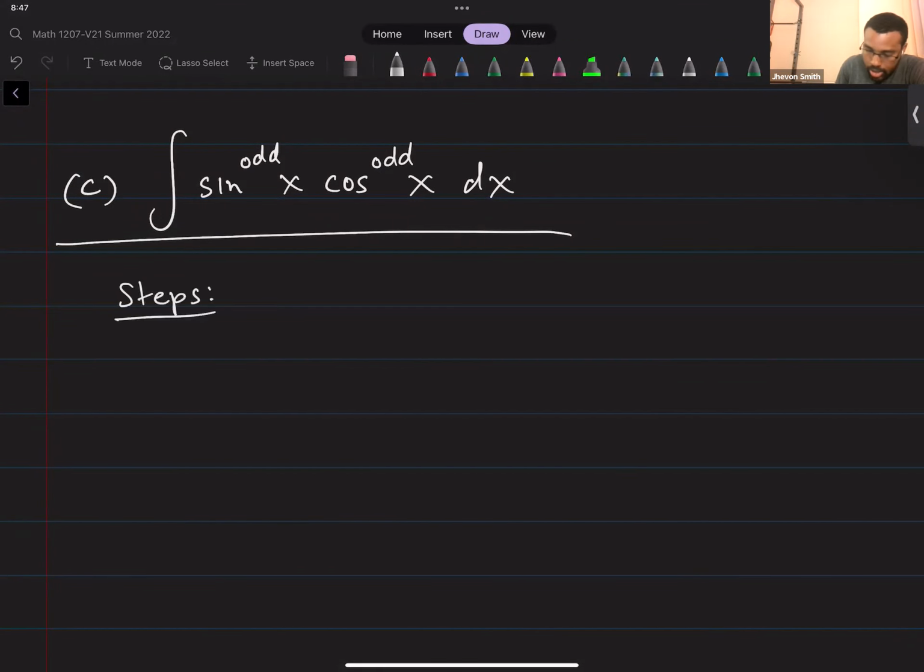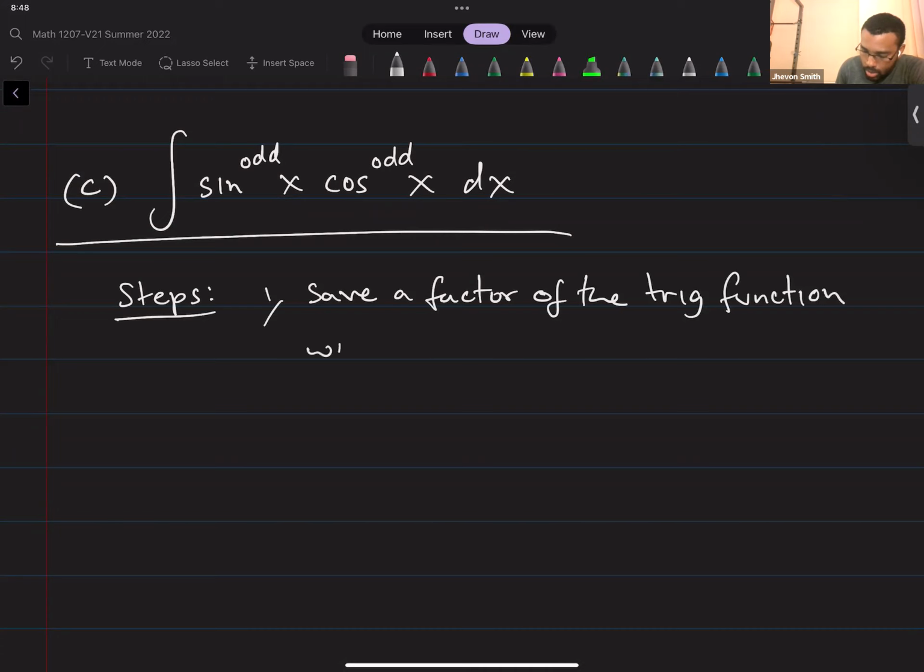So the step here is to save a factor of the trig function with the smaller power, and later on, you'll see why. Smaller in magnitude.